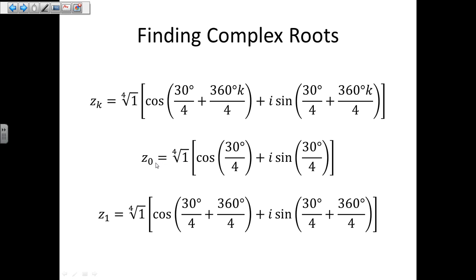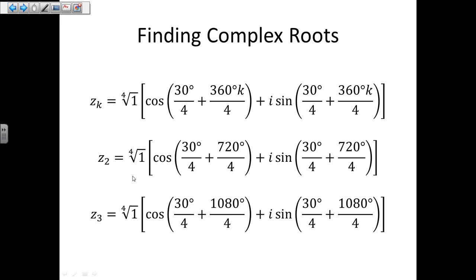So now z sub 0, well, if k is 0, this whole fraction is 0, so it just totally goes away. z sub 1, now my k is 1, so now you see that 360 divided by 4. And z sub 2, 360 times 2 is 720. z sub 3, 360 degrees times 3 is 1080.